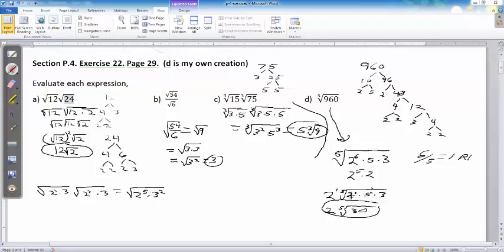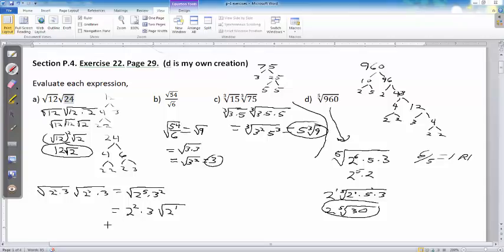And then we can play this game we were playing on this problem. You look at the index, which remember for a square root is 2. 2 divides into 5 twice, so that means I get to bring out 2 twos, and I get to bring out 1 three. 2 divides into 5 twice with a remainder of 1, so I have to leave 1 two inside, but 2 went into 2 evenly, so there's a remainder of 0.